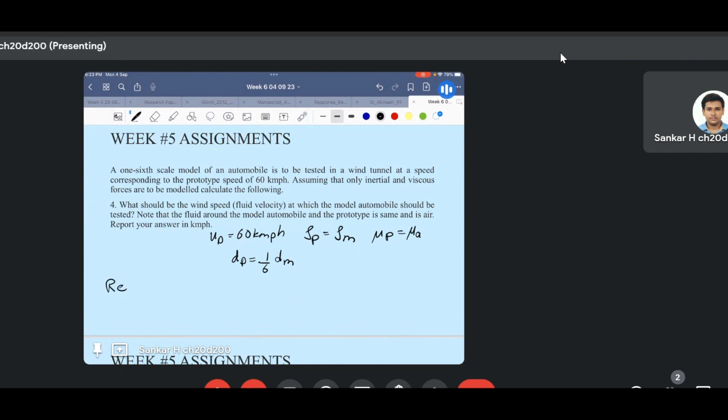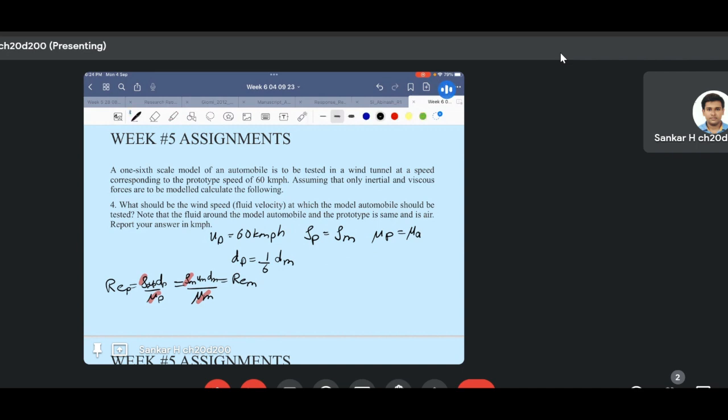Reynolds number for the prototype is given by rho p Vp dp by mu p, and we are equating that with the Reynolds number of the model, which is given by rho m Um dm by mu m. We can equate and cancel off the density and viscosity on the left and right.